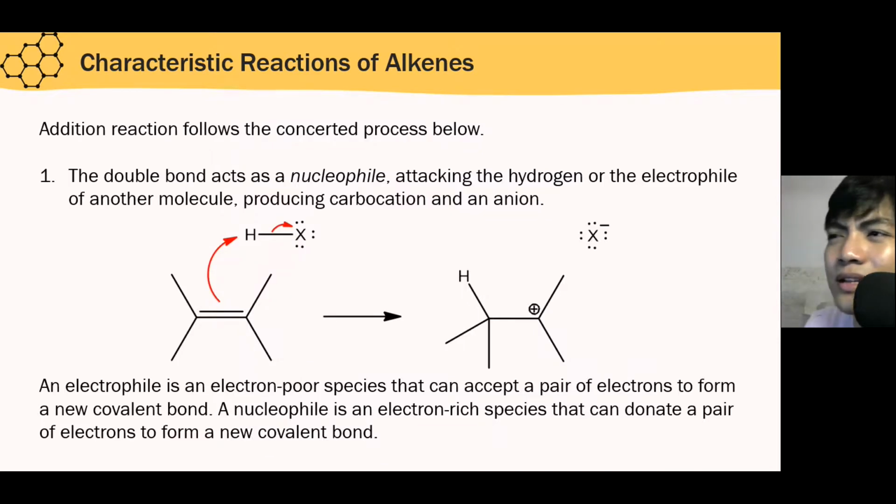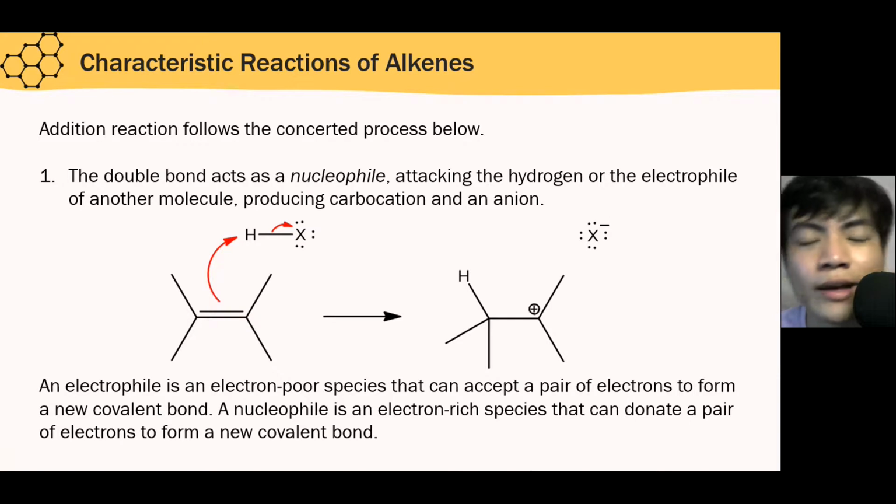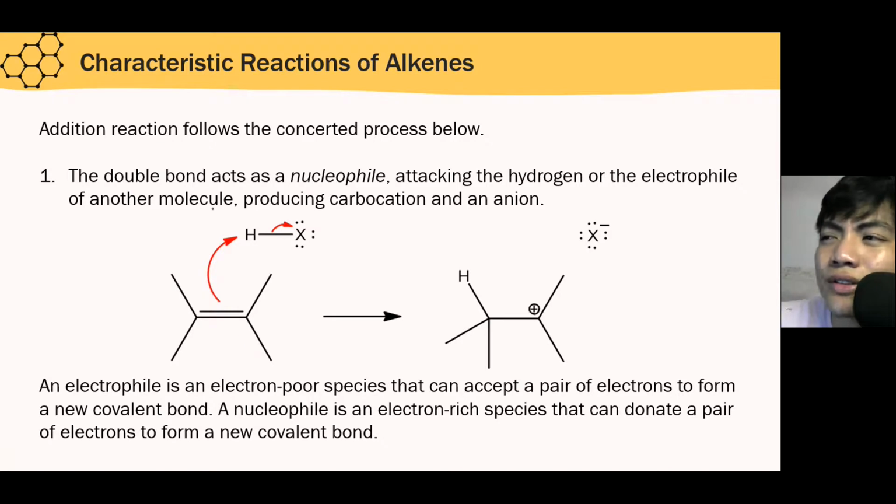So the reaction mechanism for addition reaction follows a concerted process. When I say concerted process, it means a stepwise process, meaning there are steps we will follow later. So, what's the first step in addition reaction? The first step is that your double bond acts as the nucleophile.